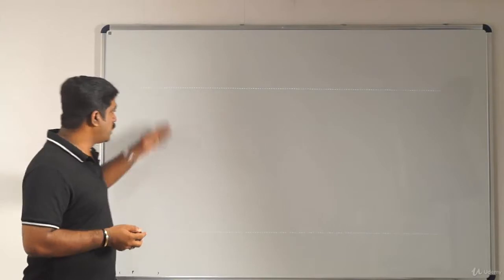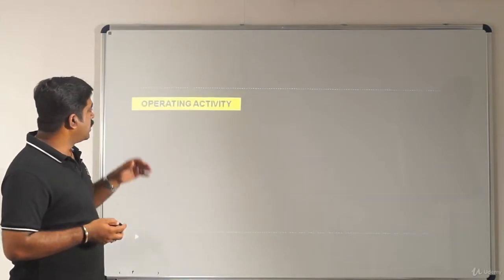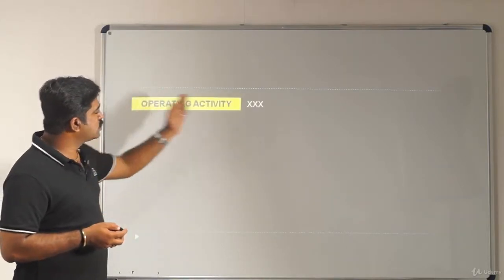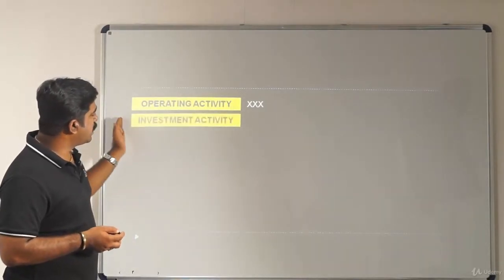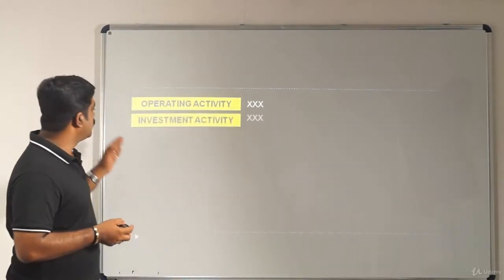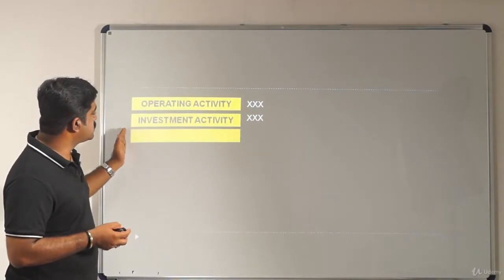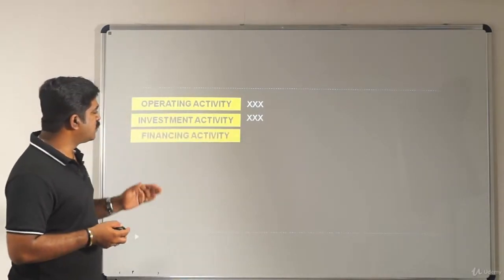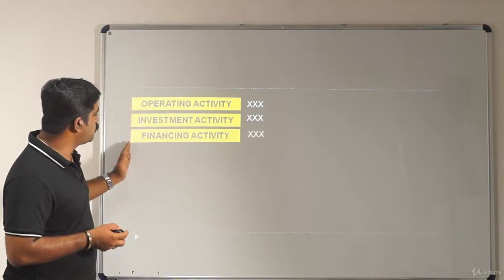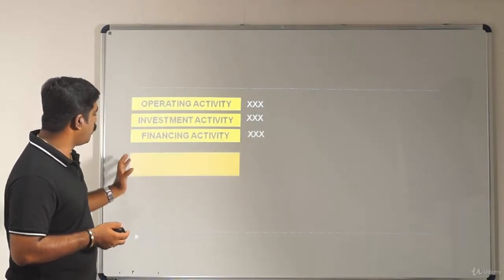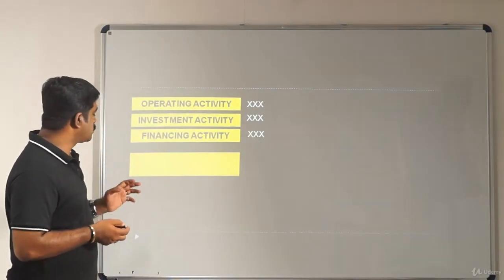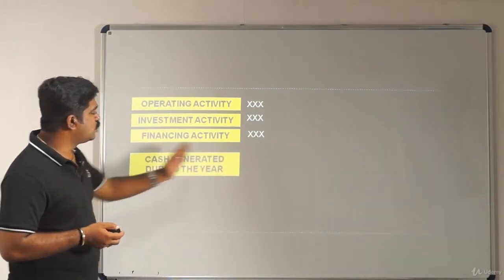So let me summarize. In the cash flow statement, we'll have cash flows from operating activities, then cash flows from investment activities, then cash flows from financing activities. So all the 3 activities, if they are put together, we'll call that cash generated during the year.